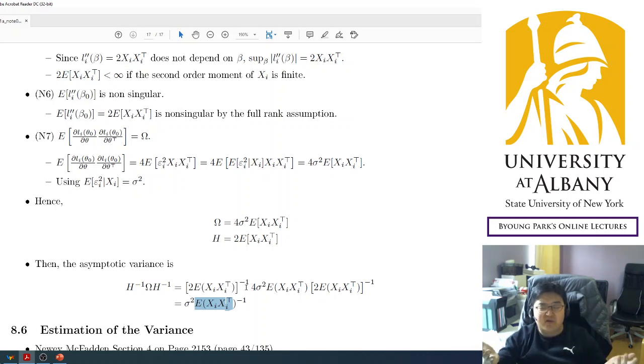And sigma squared can be calculated using the residuals. Once you estimate that result, the variance of the residuals is a consistent estimator for sigma squared. Like this, you need to estimate the variance.